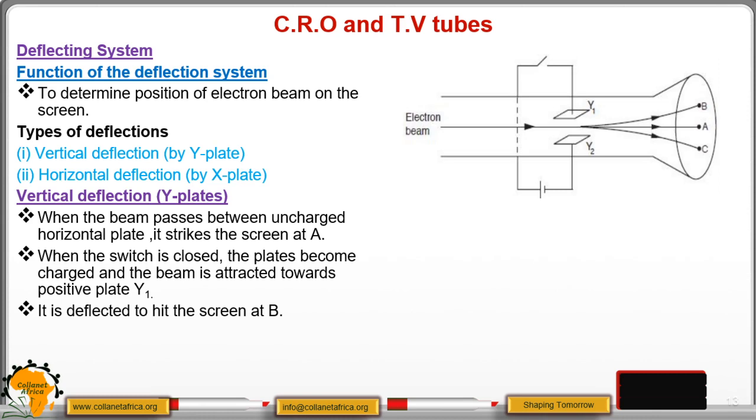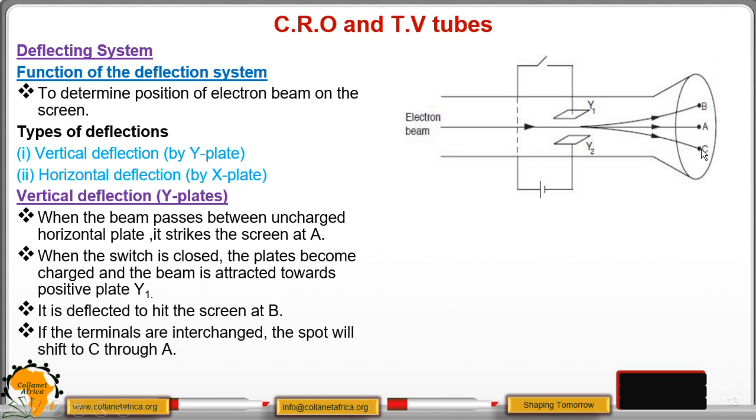But if we interchange the polarities, connecting Y2 to the positive terminal and Y1 to the negative, the deflection changes direction and our beam or spot will move to point C. So when we interchange the terminals, the spot shifts to C through A.